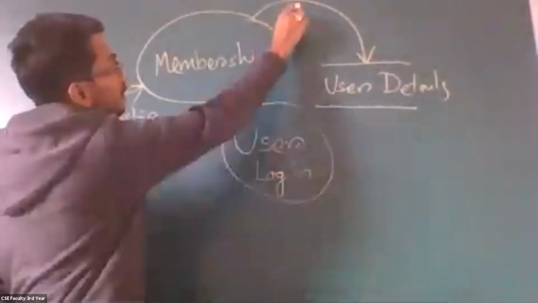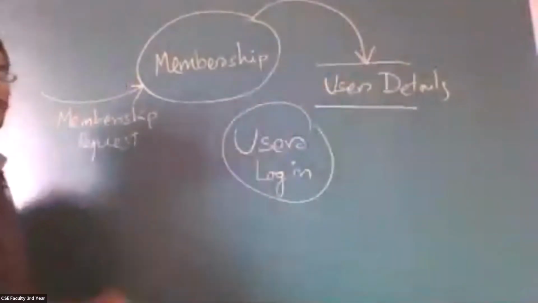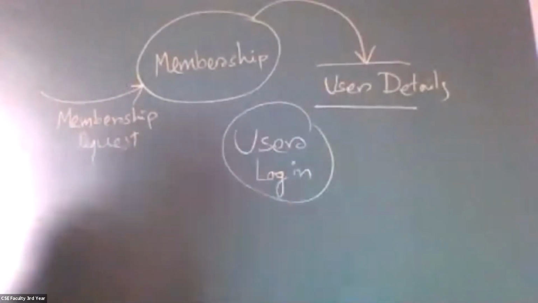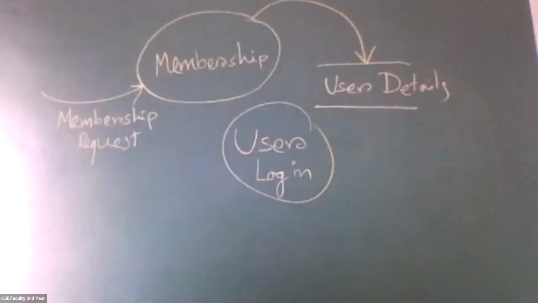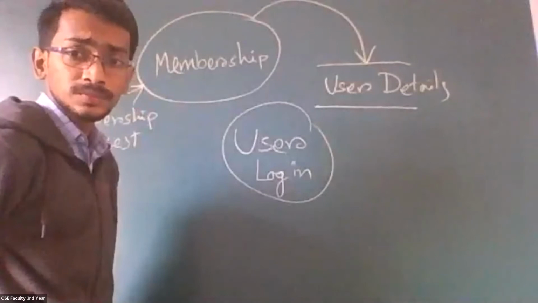And what can I write here for the data flow? Sir, we can have grant membership, sir. After granting the membership, it will restore.